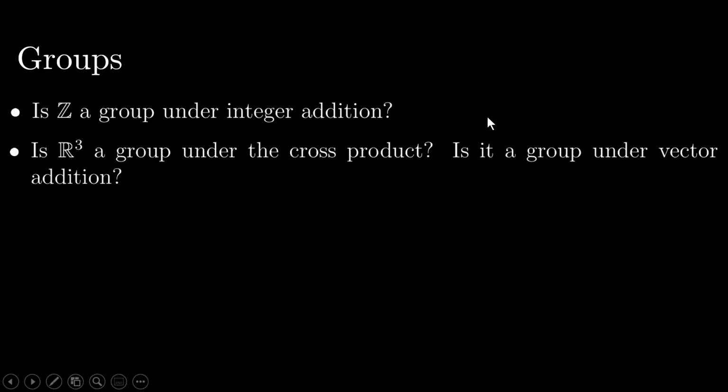And so what about R3 with the cross product? Is that a group? And what about addition of vectors, right? Okay, so let's think. Is the cross product associative?